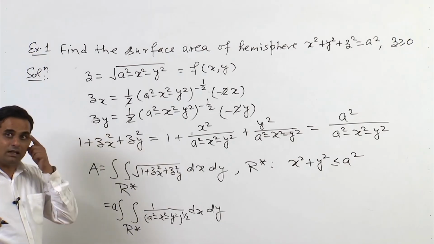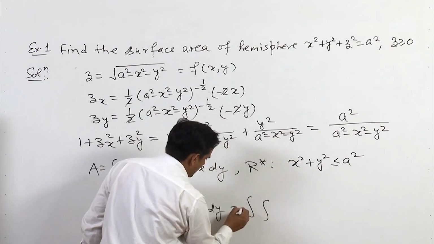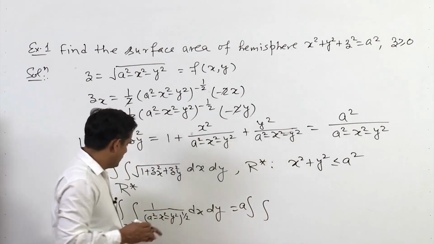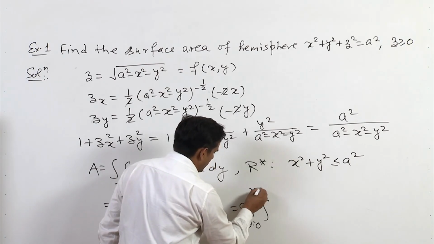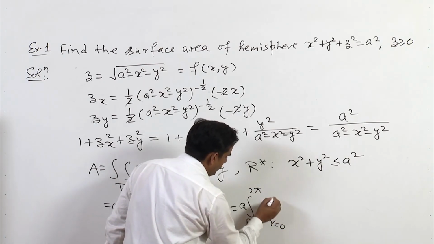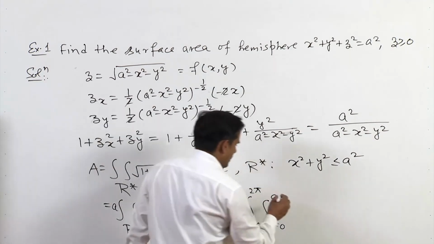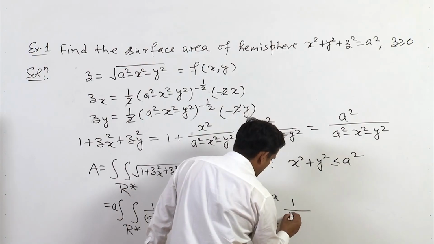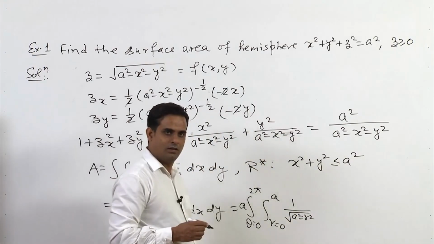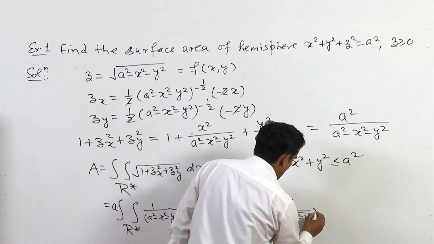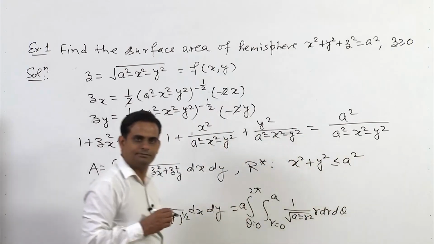If I convert it into polar coordinates, a is outside, theta is going from 0 to 2 pi, and r is going from 0 to a, 1 upon square root a square minus r square, r dr d theta.